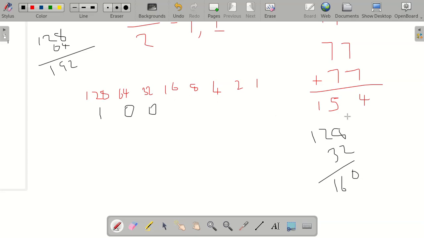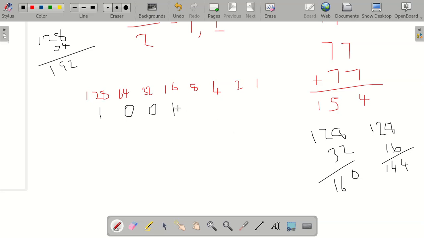Now we come at 16. So now we try out 128 plus 16. So 8 plus 6 is 14, 4 carry 1. And then 2 plus 1, 3 plus that 1 is 4, and that 1 now is just 1. So 144. So this is just okay. So we have a 144.